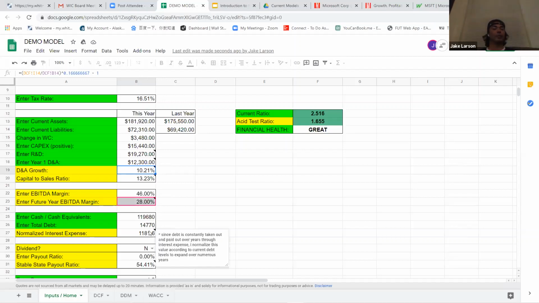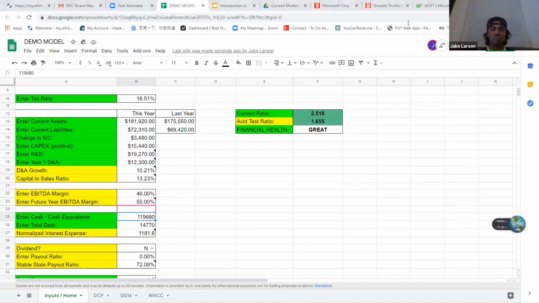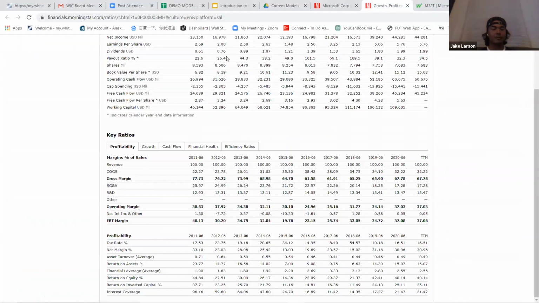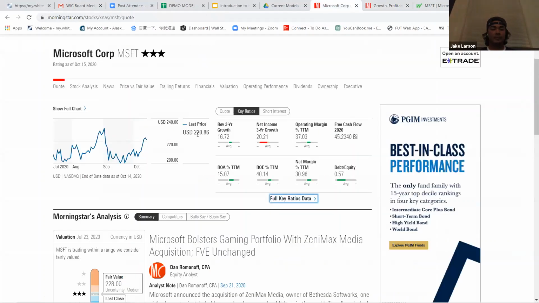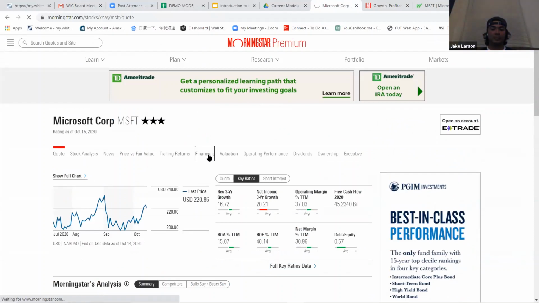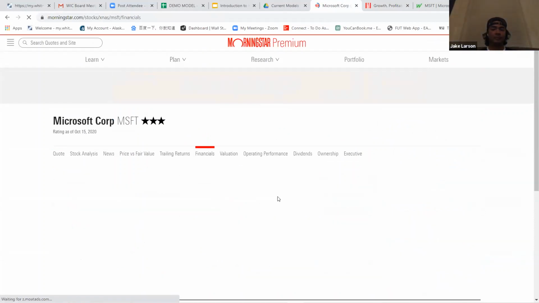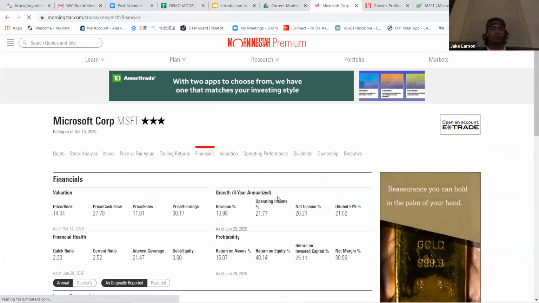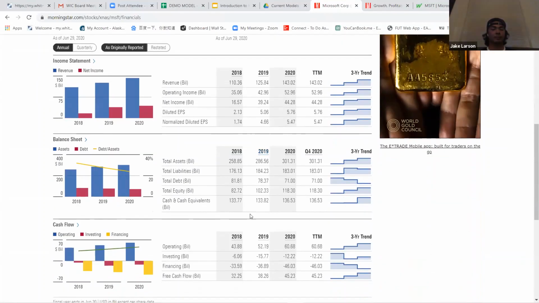Now we can move into the debt and cash sector. For the cash and cash equivalents here, you can find it on Morningstar. If you click on the financials button here and scroll down to the balance sheet, it will give you the data for the cash and cash equivalents in billions.